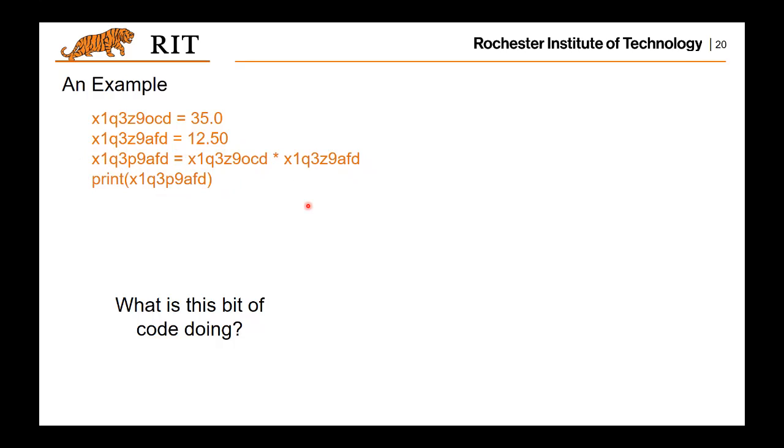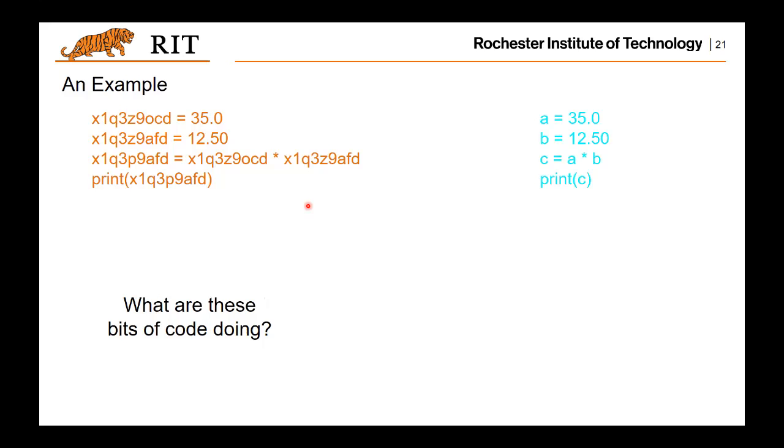Is it just multiplying the first two variables and then printing the last variable? Yes, exactly. You're right, but it takes a little while to look at it clearly and understand what it does, right? So how about we have something like this?